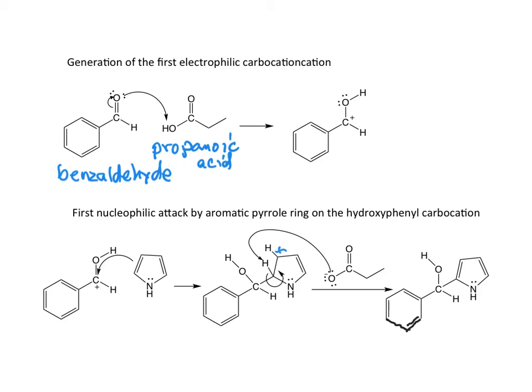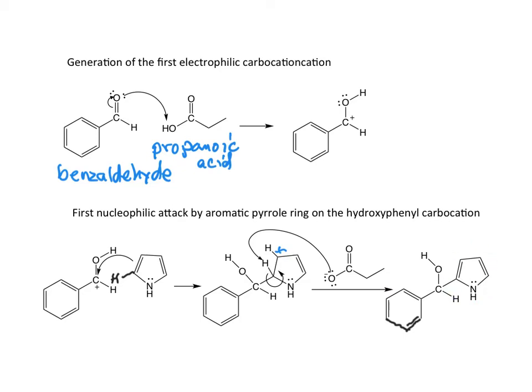Our electrophilic carbocation replaced the hydrogen that was there. That hydrogen now has been replaced by this hydroxy benzyl group. Right? So we've got a hydroxy benzyl group on our pyrrole ring.